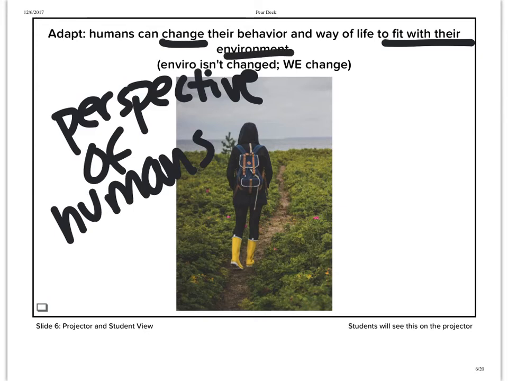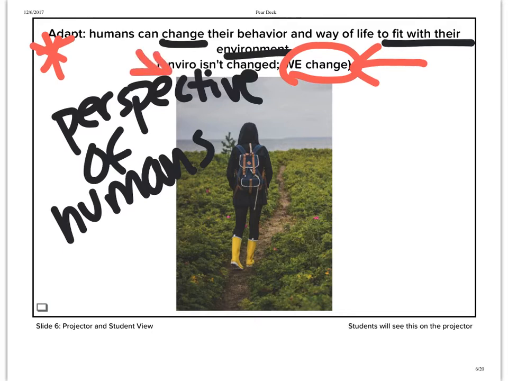It's really important to note that in this level of human behavior, when we are adapting, humans are changing, not the environment. So that's your definition for adapt. We change our behavior and our way of life to fit within our environment.